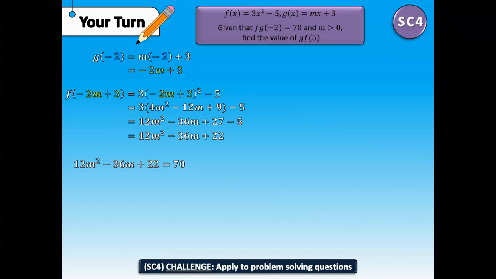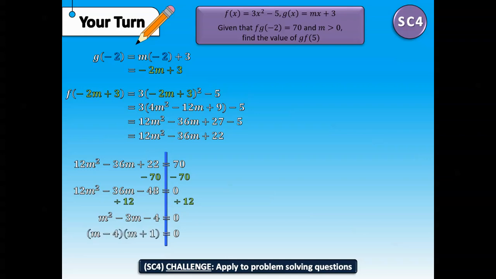We're told that that equals 70. So we take 70 off both sides. Now here I can divide through by 12. So m squared minus 3m minus 4 equals 0. I've got a quadratic I can solve.